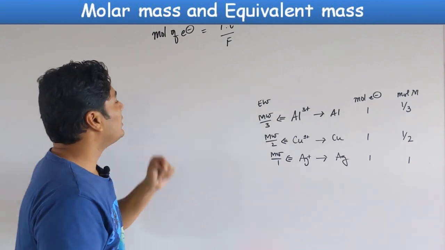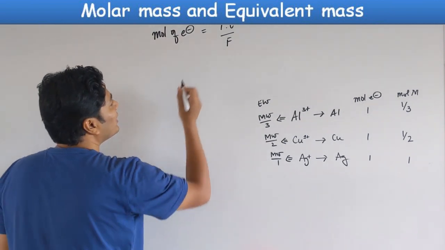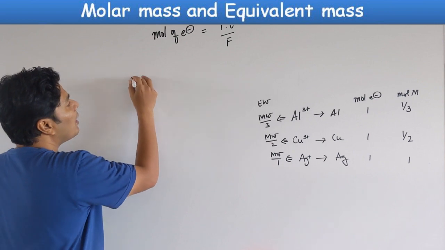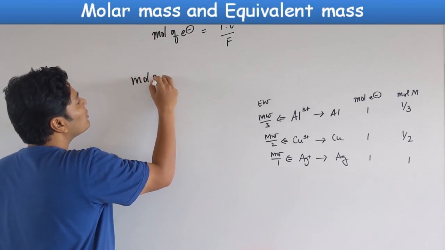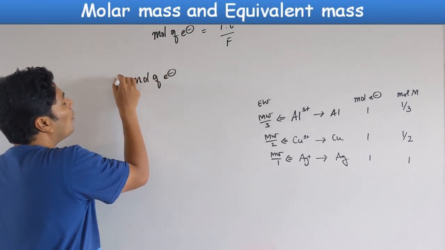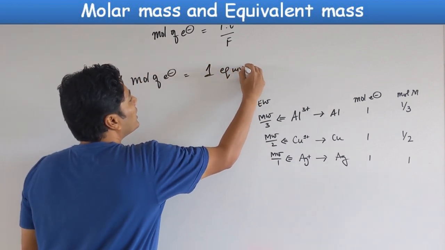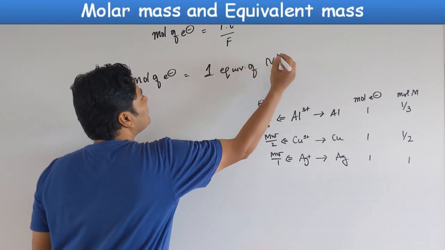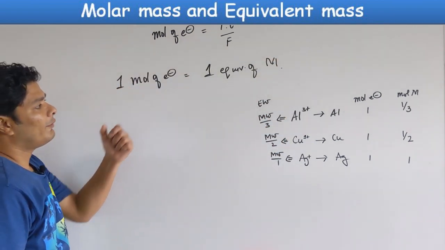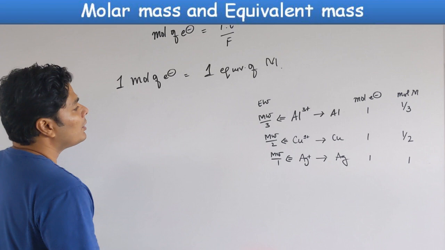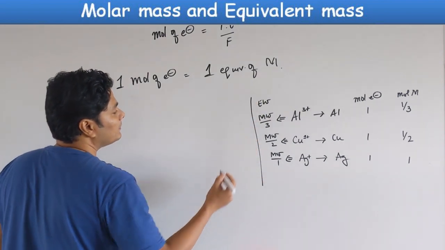So molecular weight by 3 times 3 will give you molecular weight, meaning 1 mole of Al. Now here, this is important. Moles of electron is going to be IT over F. The whole concept is, 1 mole electron equals 1 equivalent of metal. This is always going to be true. So how much of the metal you are going to deposit?